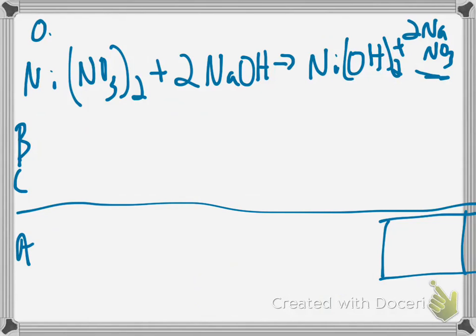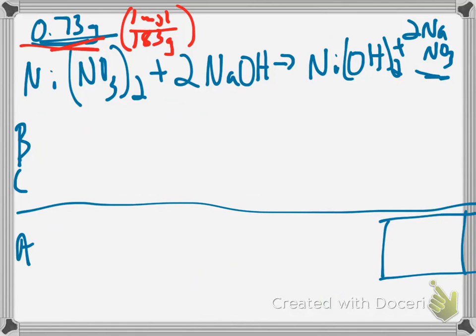Now, nickel nitrate has a mass, so this value cannot go on the table, remember. Only values that are in moles can go on the table, so I've got to use a conversion. Again, the conversion is 183 grams to 1 mole. And so that gives me 0.004 moles. So this is the value I'm going to put into my chart.